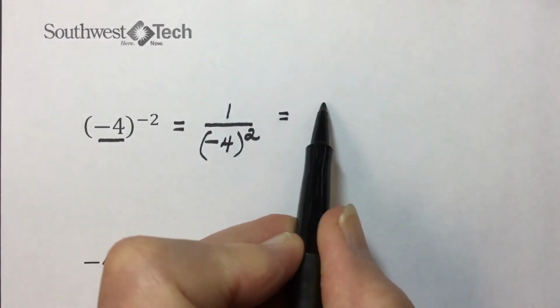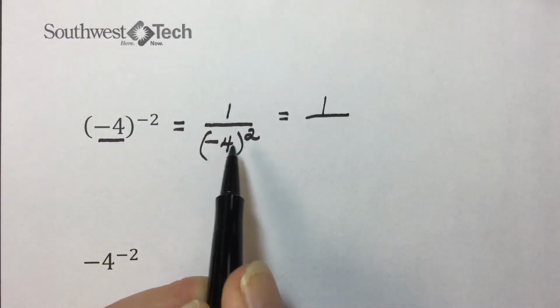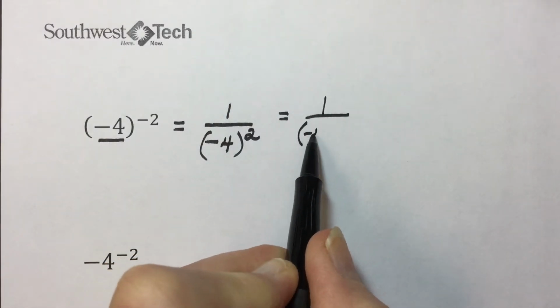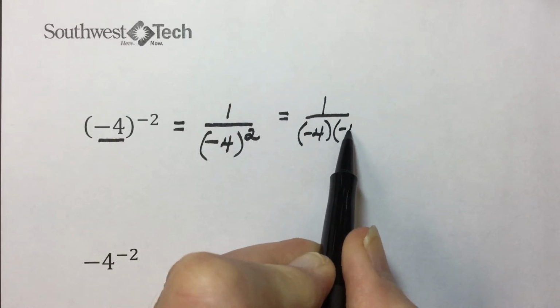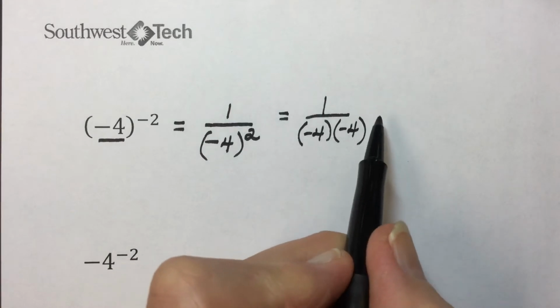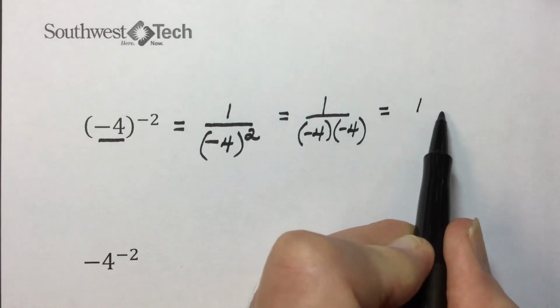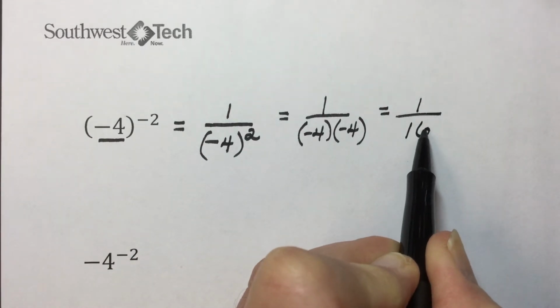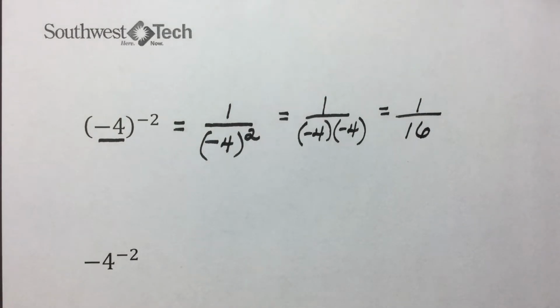Simplifying this, it's the quantity negative 4 times itself 2 times because of the exponent of 2, and a negative times a negative is positive. 4 times 4 gives us 16.